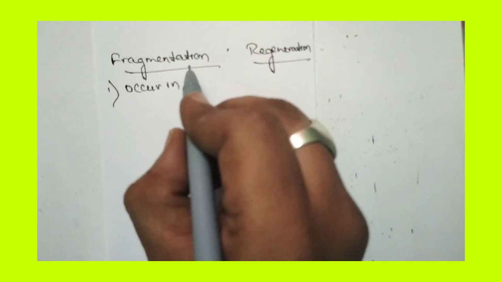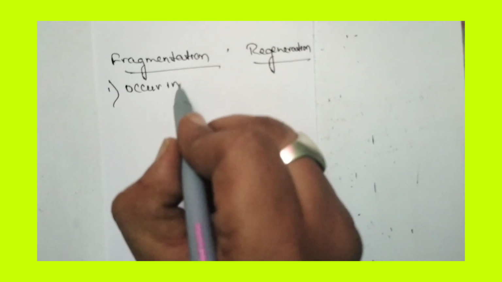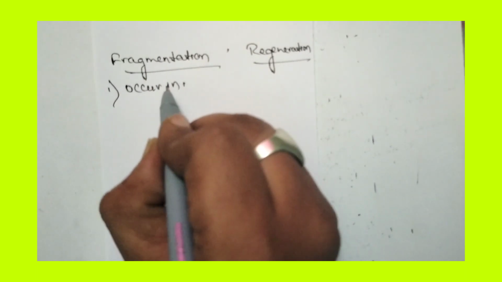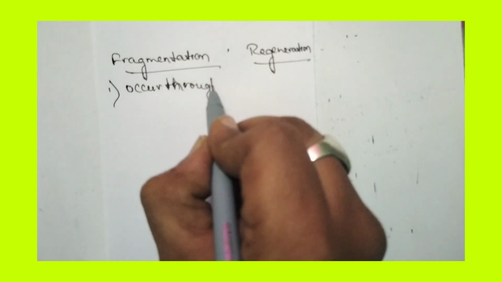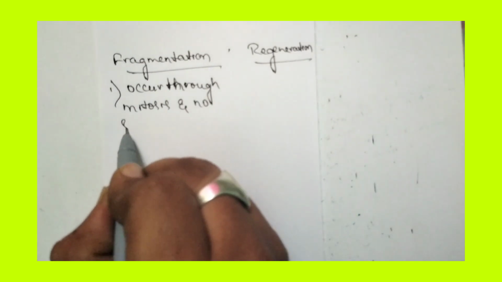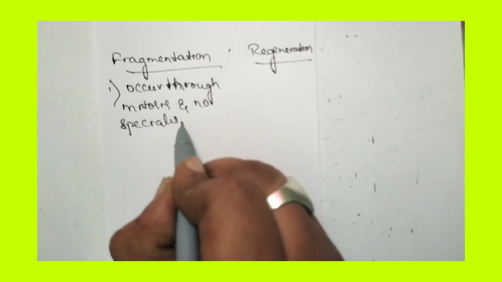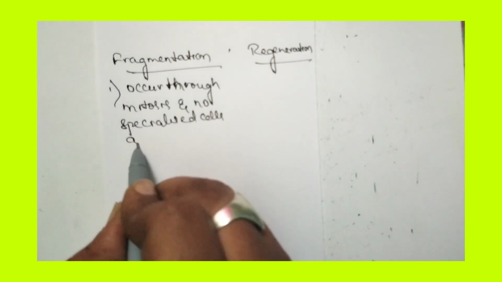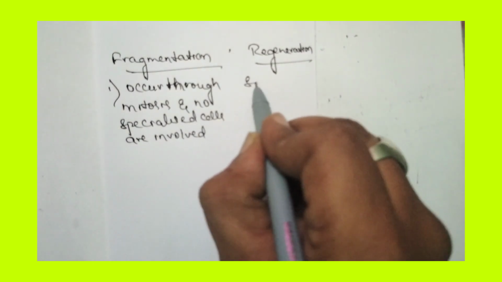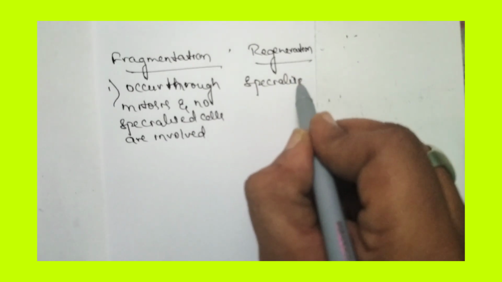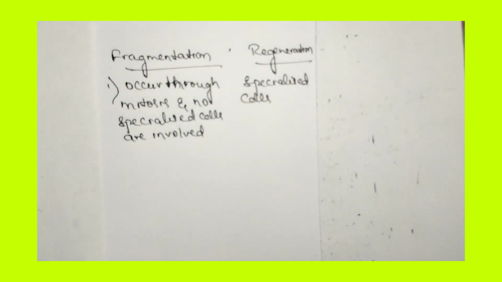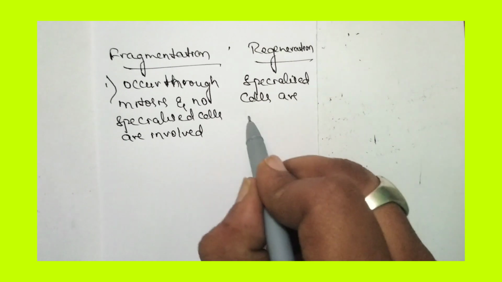It occurs through mitosis, and no specialized cells are involved. On the other side, in regeneration, specialized cells are involved.